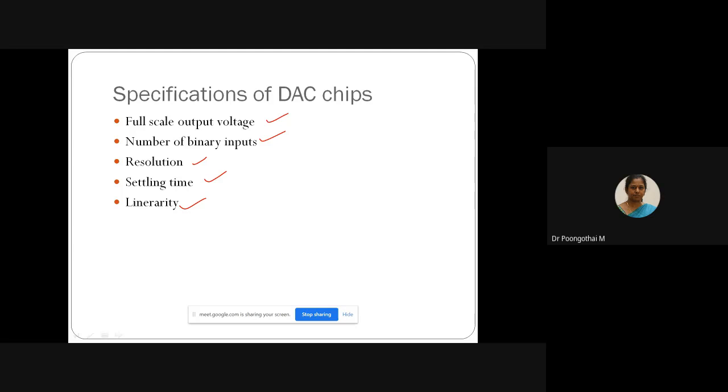First, full scale output voltage. The maximum output or full scale output voltage can be 5 volts or 10 volts, so we can generate a 5 volt waveform or a 10 volt waveform. Next, the number of binary inputs can be 4, 8, 10, and 12.